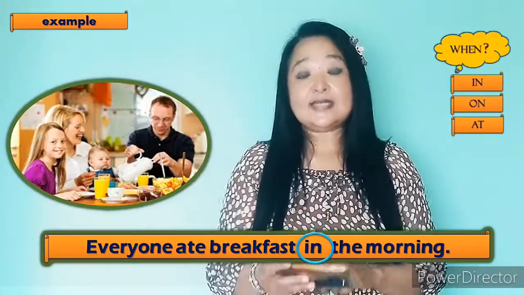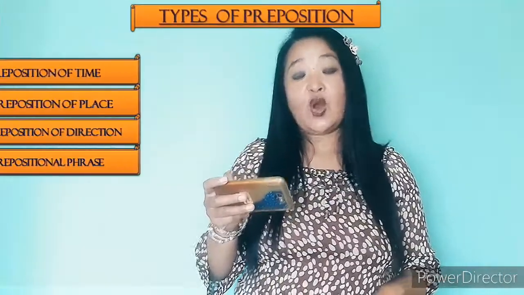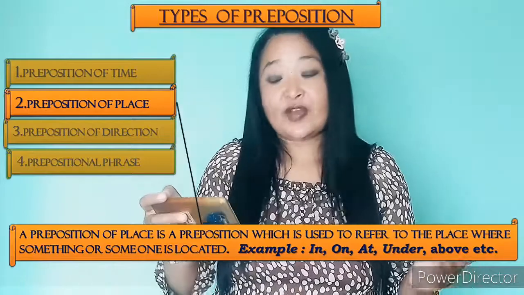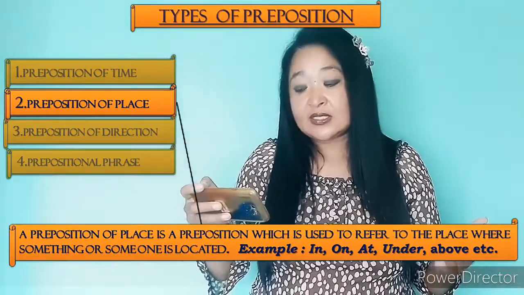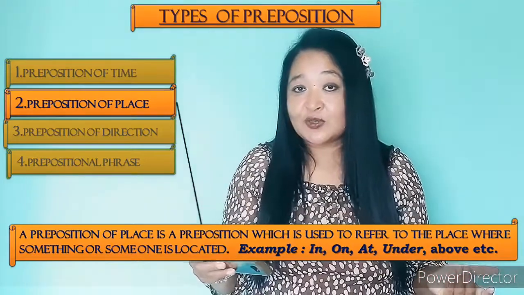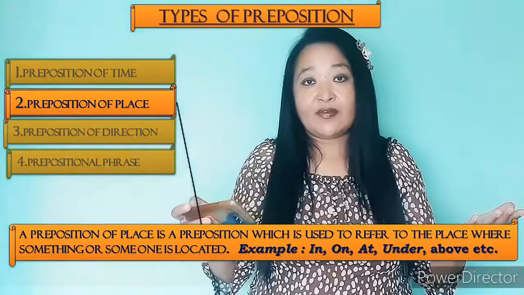Now let us see the next preposition, that is the preposition of place. A preposition of place is used to refer to a place where something or someone is located. Commonly used prepositions are again in, on, at, under, above.